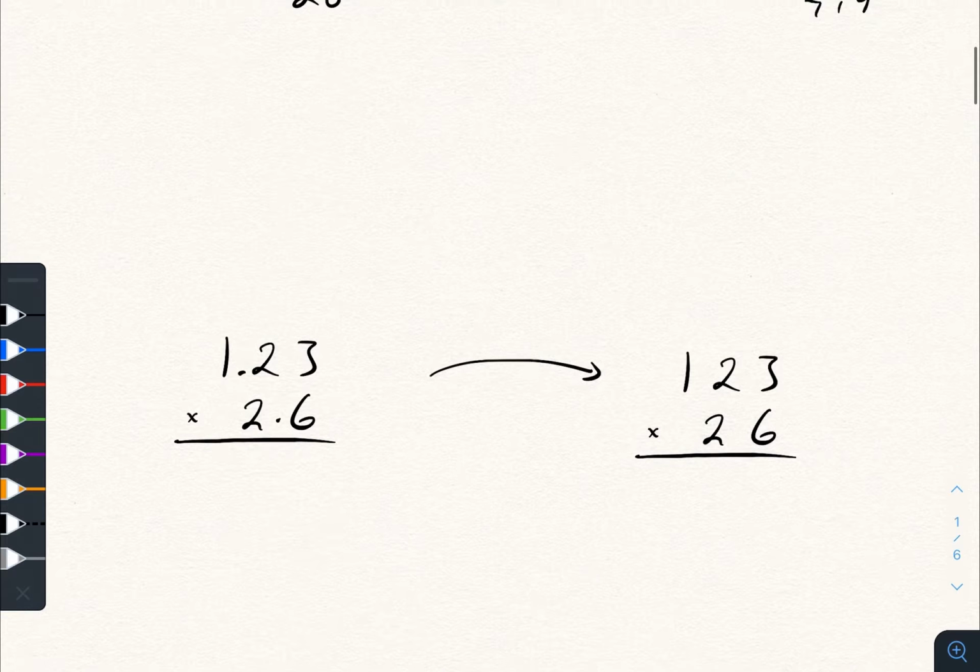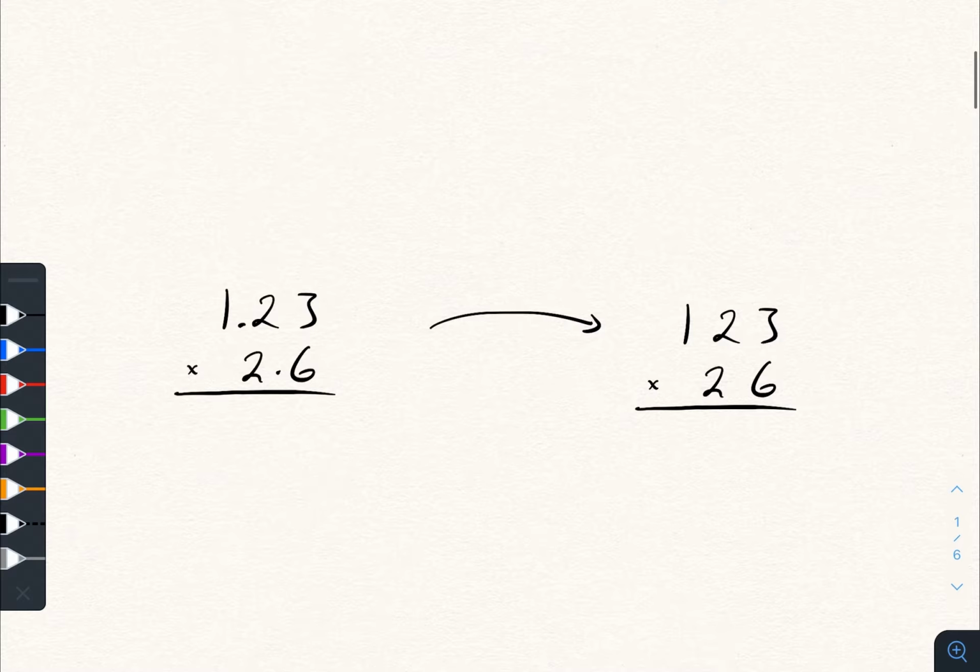What about multiplying? If I want to take something like 1 and 23 hundredths times 2 and 6/10, how do we multiply those together? Well, the standard decimal multiplication algorithm says first just ignore the decimals. Just multiply these two numbers as whole numbers and then worry about the decimal later.